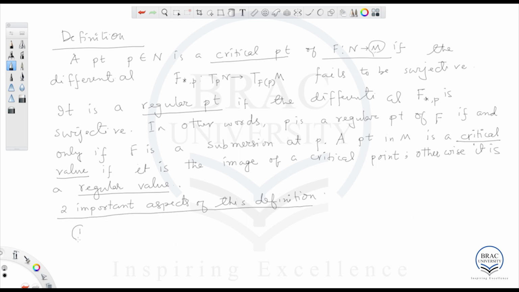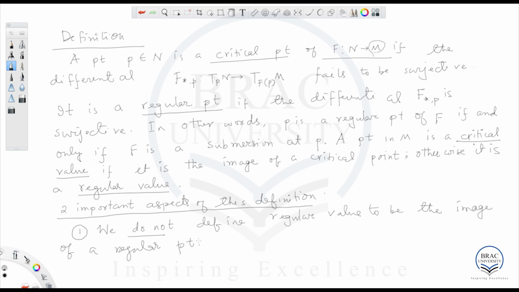First one, we do not define a regular value to be the image of a regular point, unlike critical values.